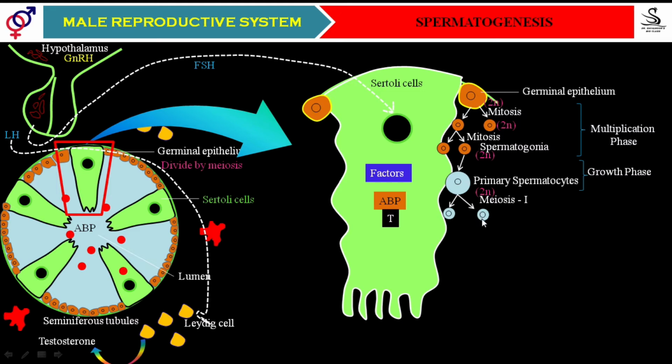These newly formed two cells are called secondary spermatocytes. But the secondary spermatocytes are produced by meiosis 1, and meiosis 1 is the reductional division. Hence, the number of chromosomes is going to reduce here: only 23 chromosomes in this cell and 23 chromosomes in the other cell. This is what is going to happen, students.